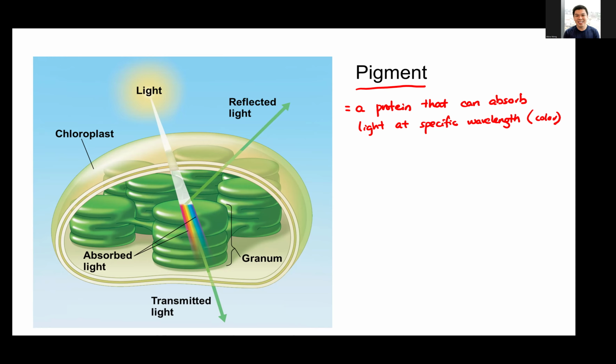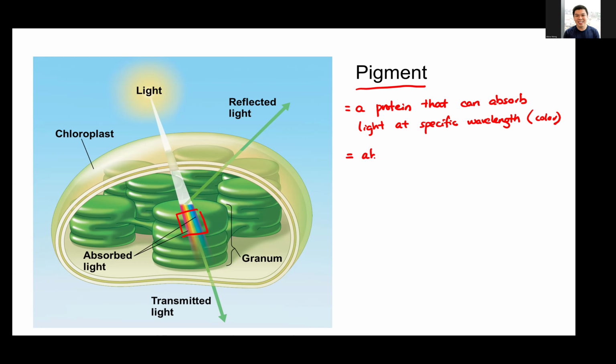Some pigments are better at absorbing a certain color, and the light they absorb is then used to convert that energy and excite electrons.